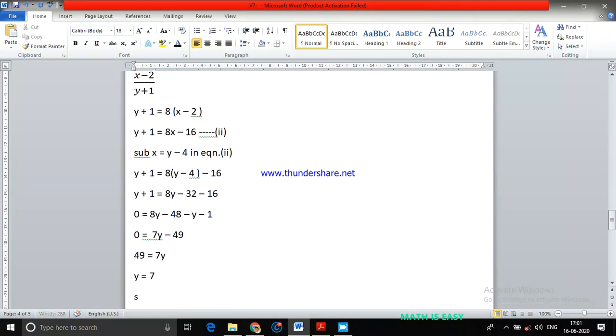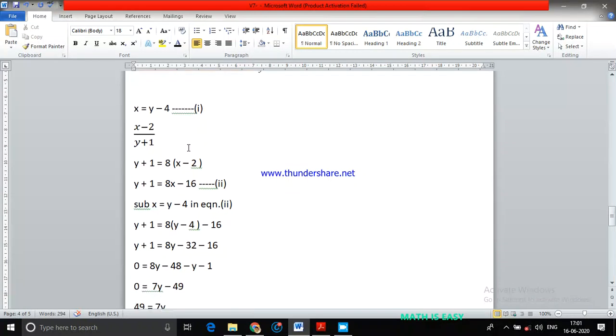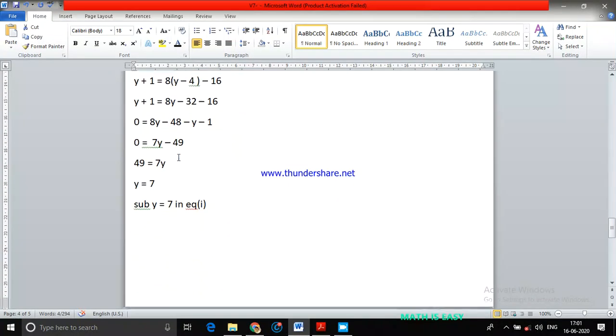Now substitute y equals 7 in equation 1. What does our equation 1 say? x equals y minus 4. So you can substitute: x equals y minus 4, which equals the y value I got, 7 minus 4.